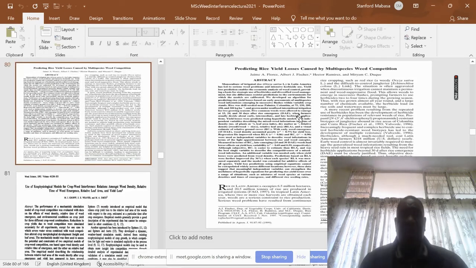Then there's a typical field paper. I think this experiment was done in rice in Mexico. Whether it uses density or leaf area, you just read about it. What is interesting is that it deals with so many weeds in a typical field condition.